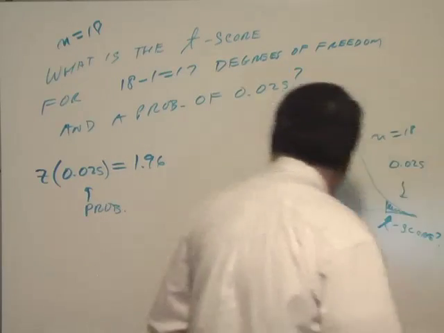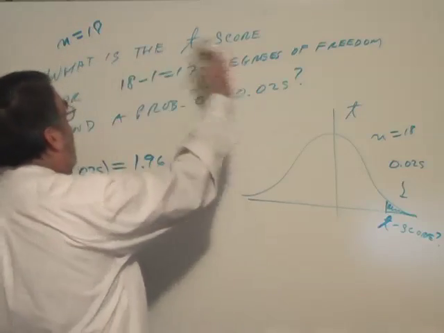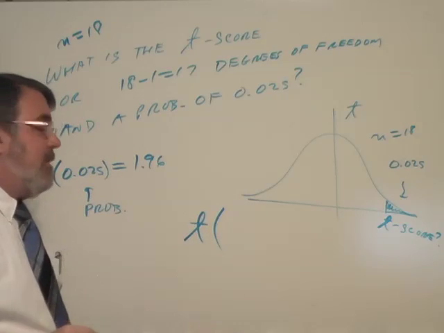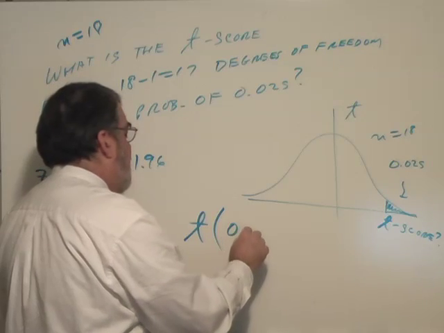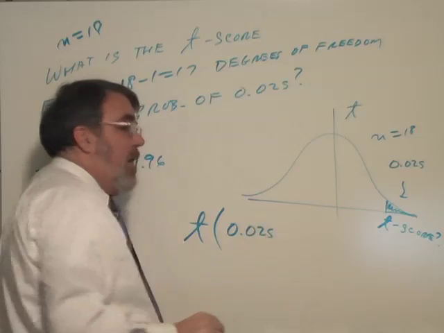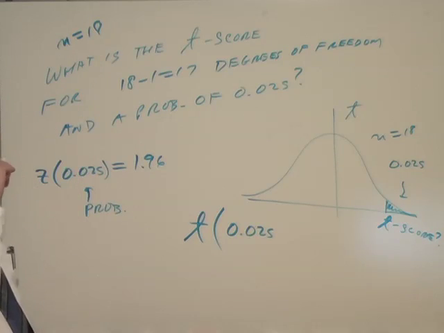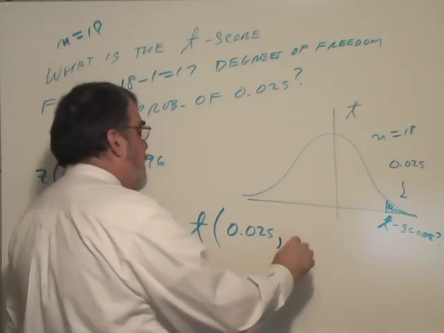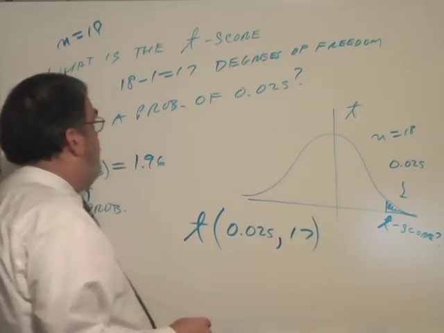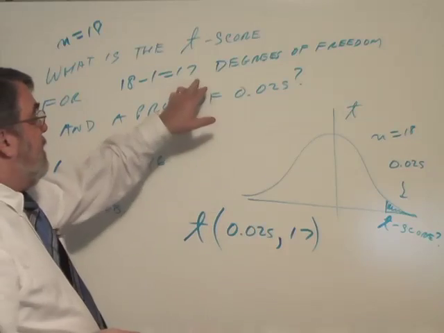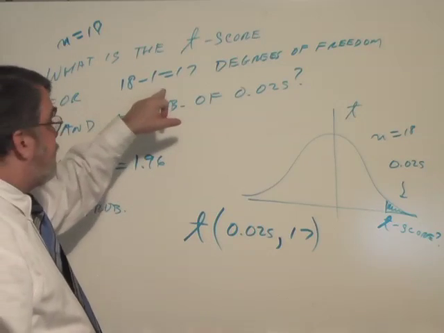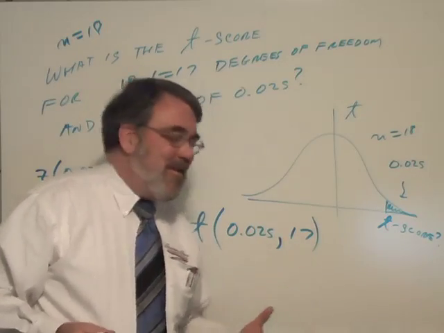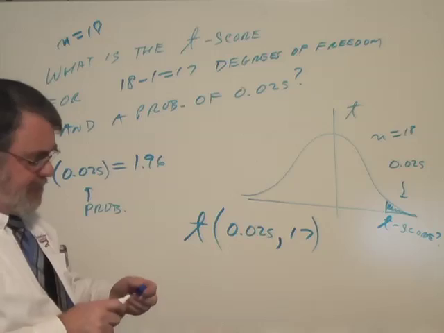So to answer this question, I'm calculating the t-score based upon a probability of 0.025 and 17 degrees of freedom. Again, 17 degrees of freedom: sample size of 18, minus 1, is degrees of freedom right now.